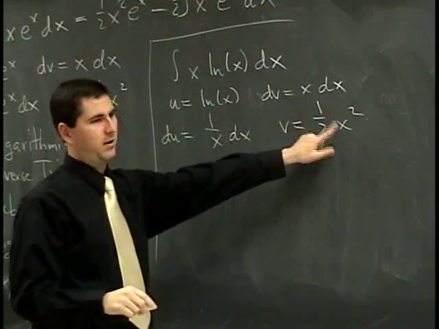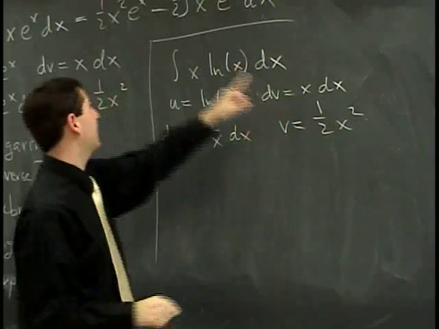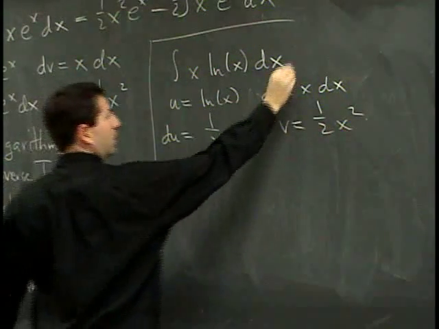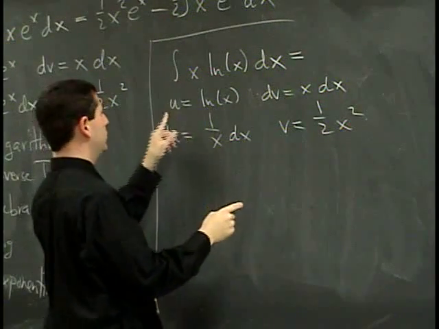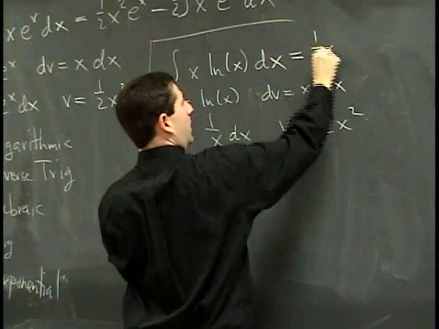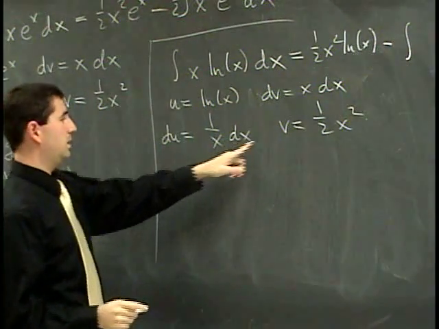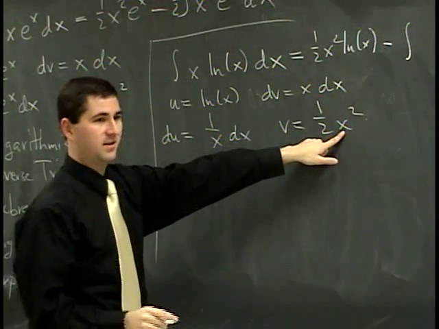Now at this point you might think, whoa, we just saw this happen. This 1/2 x squared business got us into a lot of trouble. Okay, well let's take a look. So this becomes uv, so 1/2 x squared ln of x minus the integral of v du. Something nice is happening.